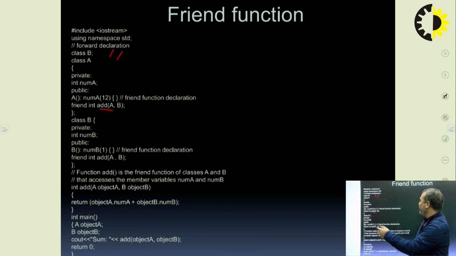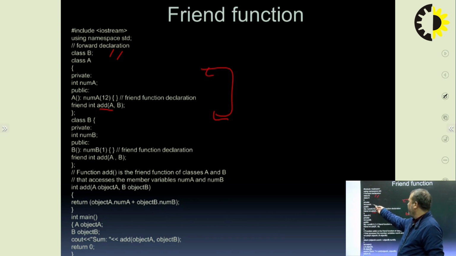Why are we doing so? Because this particular class is going to need that class also, because we are making a function, say add here, a friend to both the A and B classes, right? So this add function becomes a friend of classes A and B. This is the simple definition of class A. We have simply written num A as data, and this is the friend function.